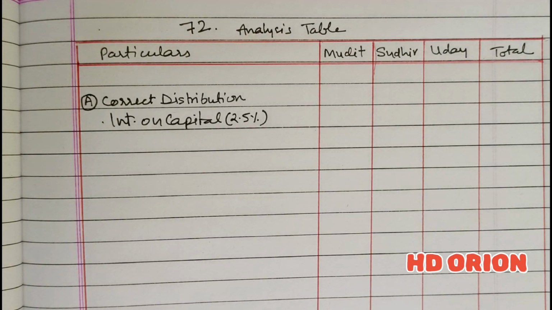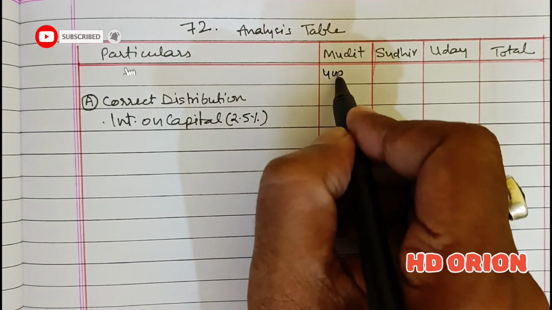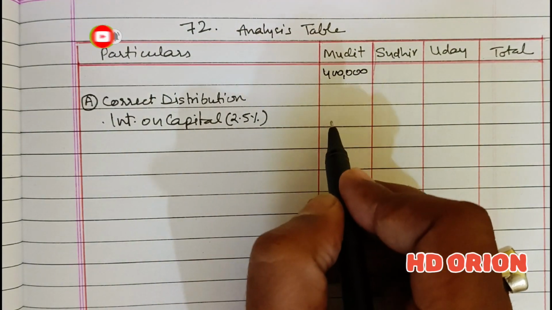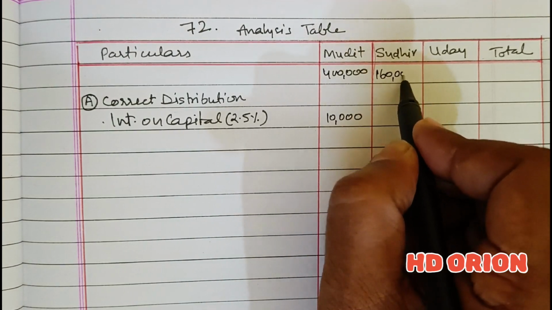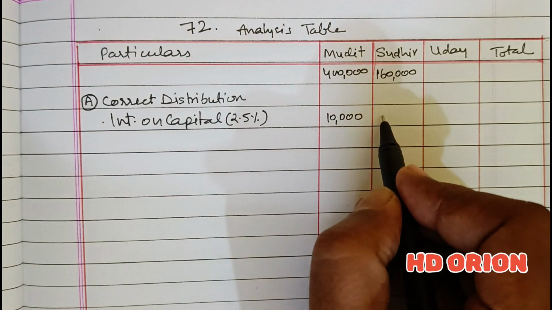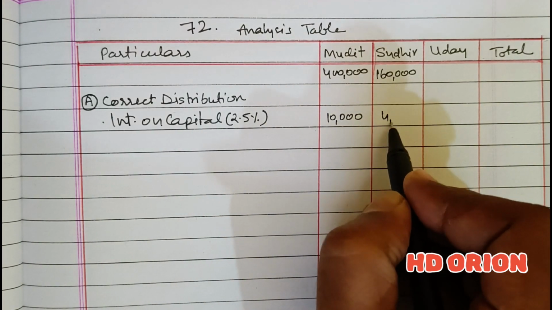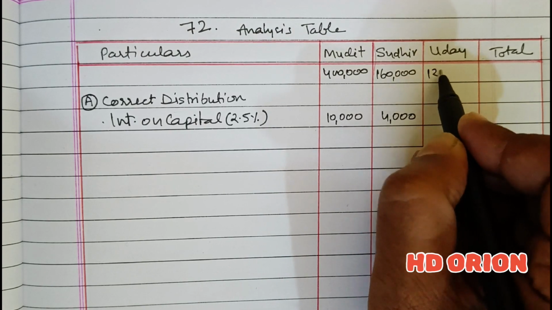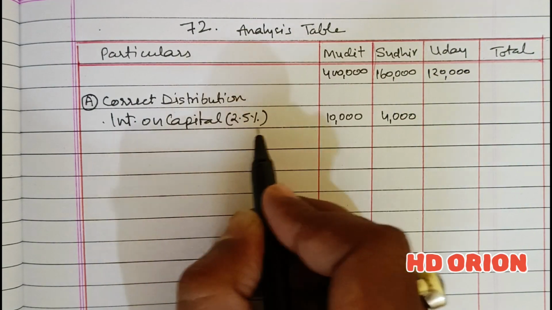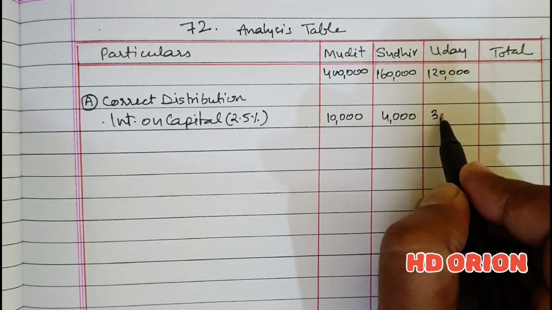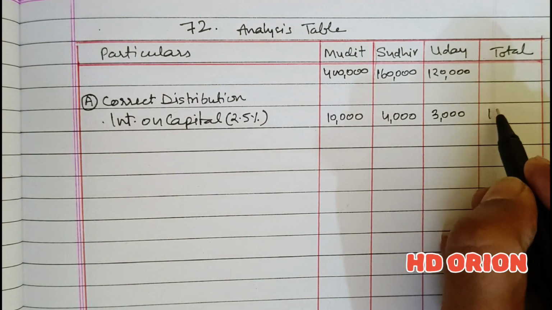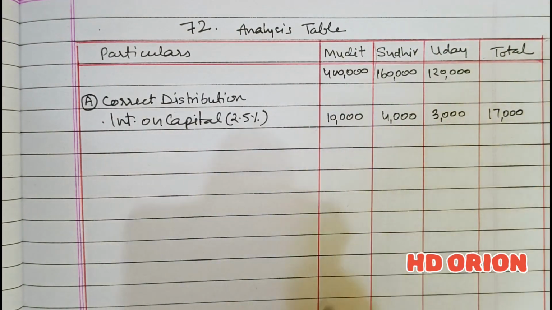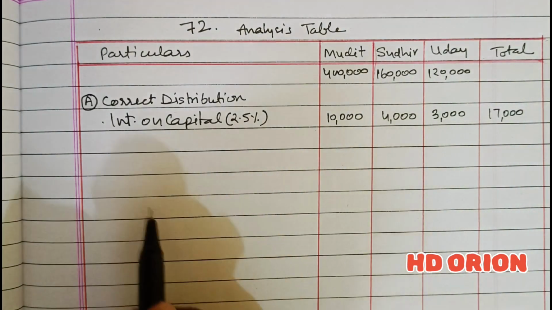So for your ready reference, let me tell you from the textbook that 4 lakh is the fixed capital of Mudit, and 2.5% of 4 lakh is rupees 10,000, and then 1,60,000 is Sudhir's capital and 2.5% of which is rupees 4,000. 1,20,000 is Uday's capital and 2.5% of which is rupees 3,000. So out of rupees 1 lakh net profit, 17,000 was supposed to be given in the form of interest on capital, and this is the amount for the partners.